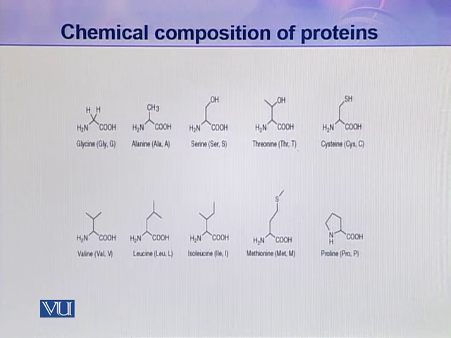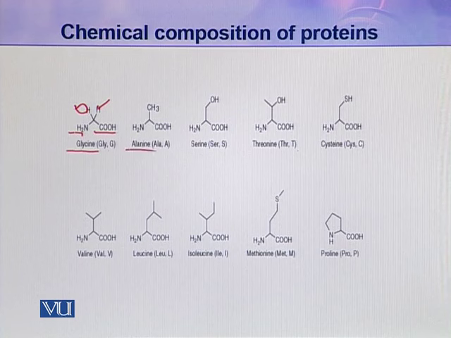Here you can see the structures of different amino acids. For example, this is glycine, and in glycine there is one carboxylic group, one amino group, one hydrogen, and the R group is hydrogen. So this is the simplest amino acid, in which the R group is hydrogen.